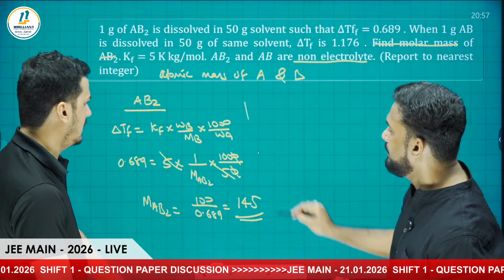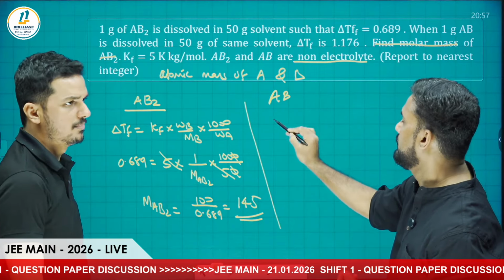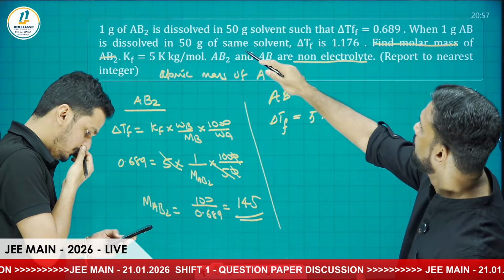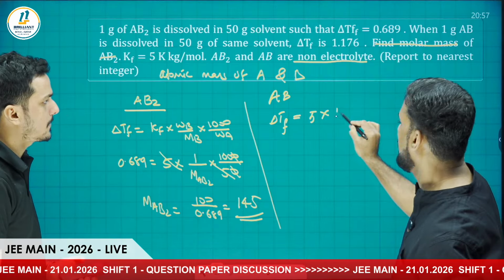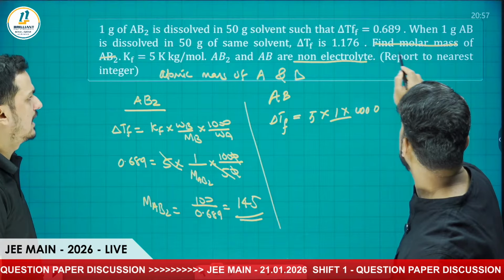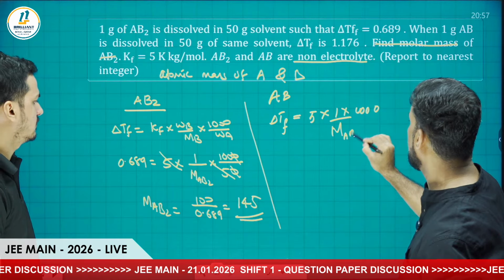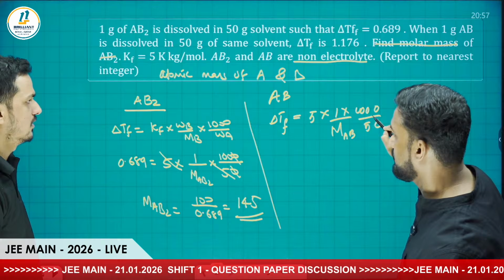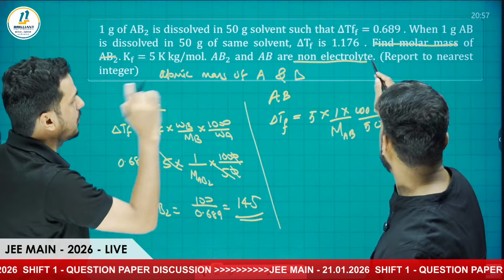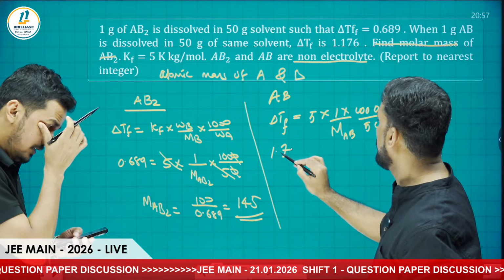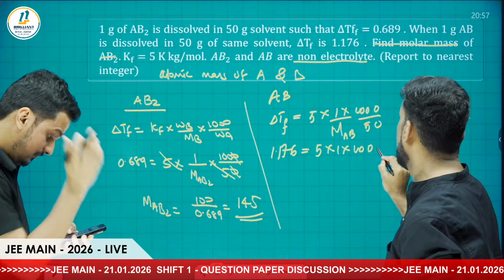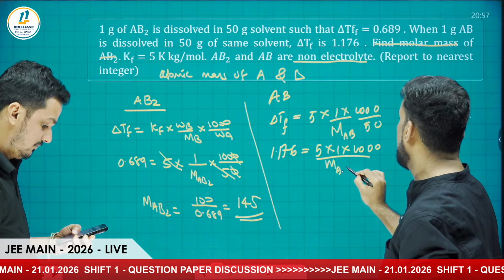Similarly, we find it out for AB. Delta TF is equal to 5 into 1 gram into 1000 divided by the molar mass MAB into 50. The delta TF value given is 1.176, so only that value is different. 1.176 is equal to 5 into 1 into 1000 divided by MAB into 50.